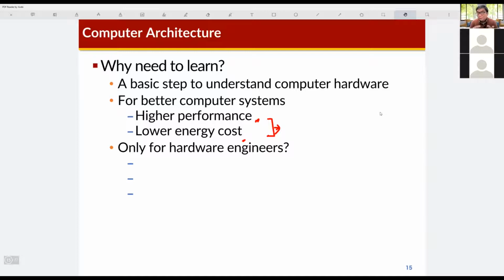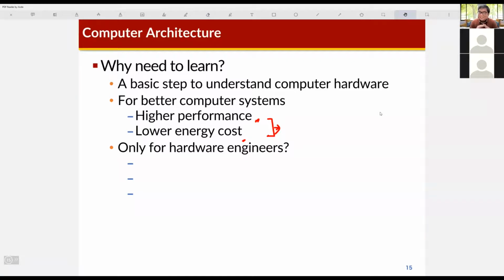But I believe some of you want to become good software engineers or good programmers. So is it also required to learn computer systems for programmers or software engineers?